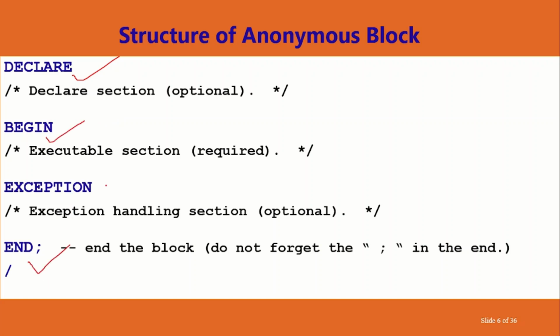In between, if an error condition occurs, you handle it in the exception block. In exception handling, we'll discuss how exceptions help us handle a variety of errors and situations.